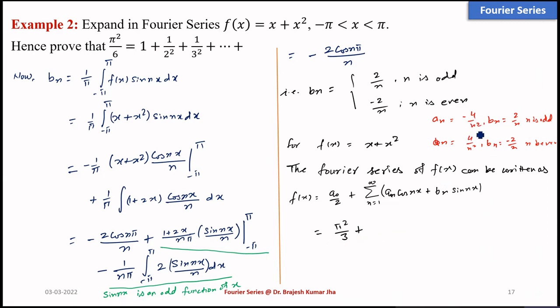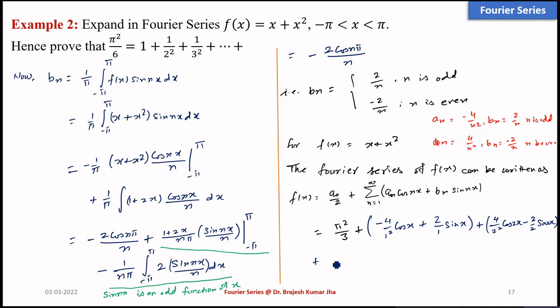It will be minus 4 by 1 square cos 1x, so it is minus 4 by 1 square cos x plus b1. b1 is what? 2 by 1 sin x. Plus n is 2, even, so it is plus 4 by 2 square cos 2x minus 2 by 2 sin 2x.